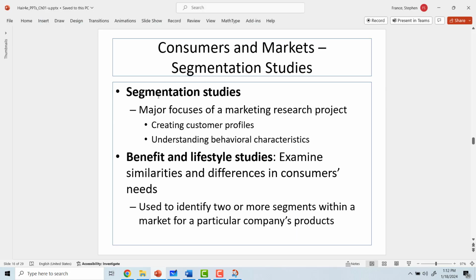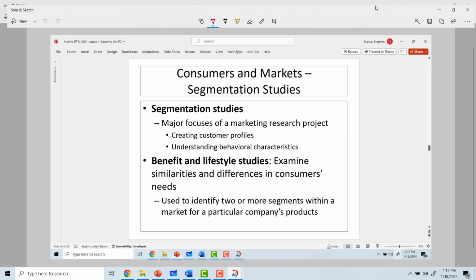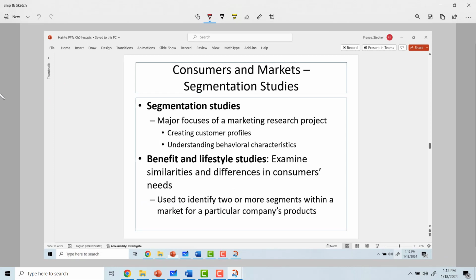Okay, so this is what I keep trying to talk about, segmentation, because this is my area of research. But let's go back to our video game example for talking about segmentation. Okay, let's just do another little snip.